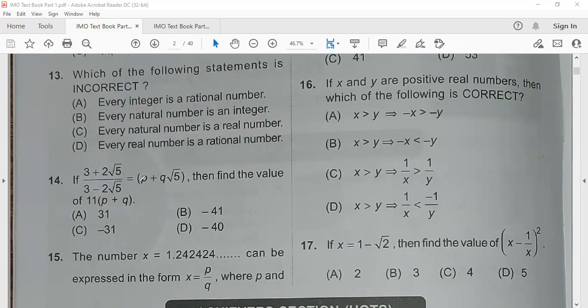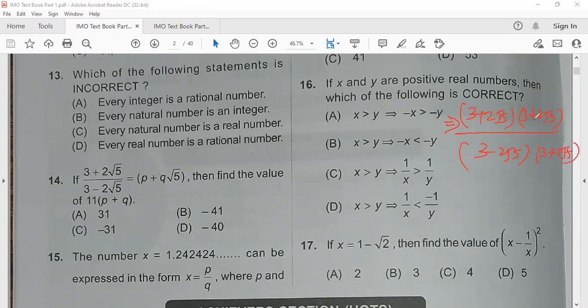14th. P plus Q root 5 with this one, and find the value of 3 minus 2 root 5. We will simplify or rationalize this one, then it will be very easy. So look here, 3 plus 2 root 5 and 3 plus 2 root 5, divided by 3 minus 2 root 5 and 3 plus 2 root 5.